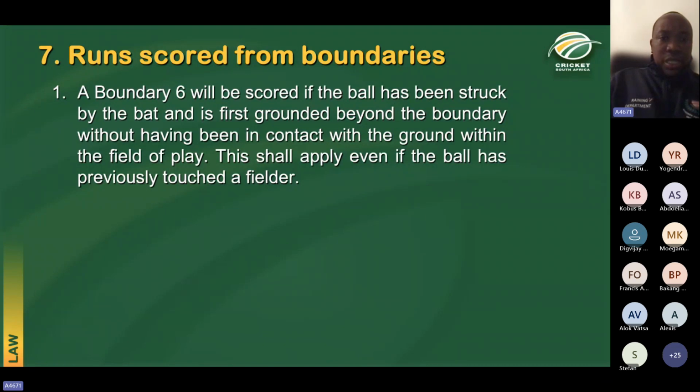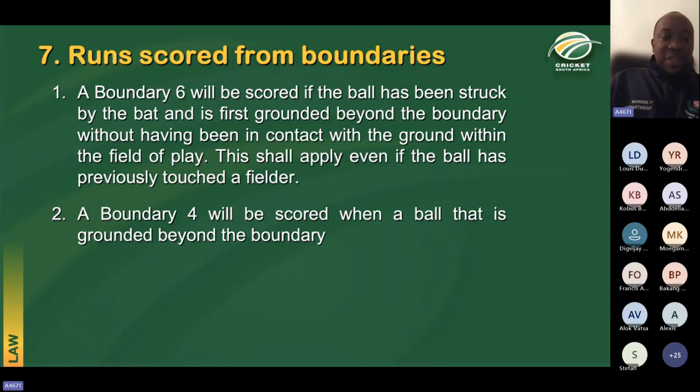Quite important, the first sentence: a boundary 6 will be scored if the ball has been struck by the bat. So I will give you a scenario shortly, and you will need to decide for me what the umpire will signal in this scenario.